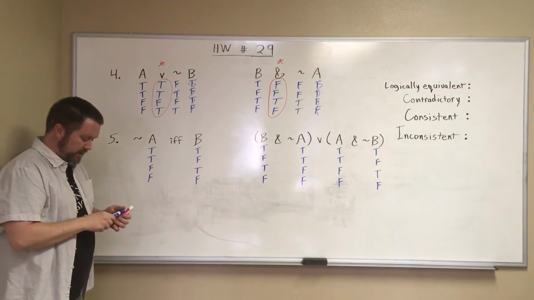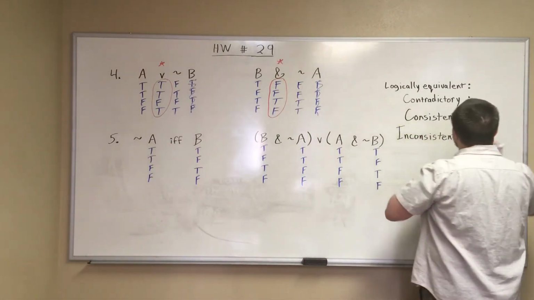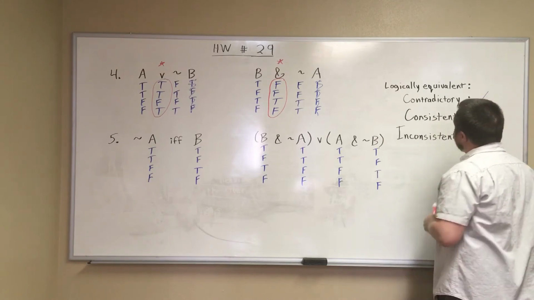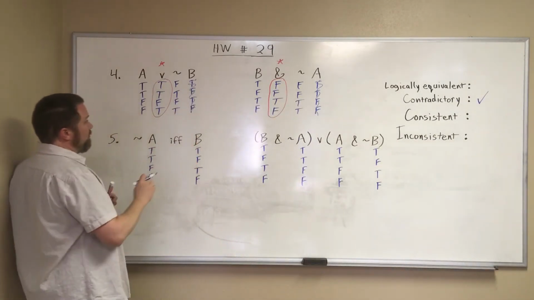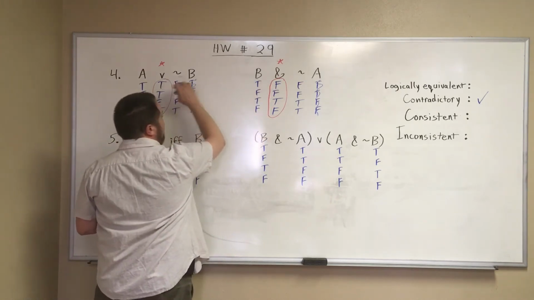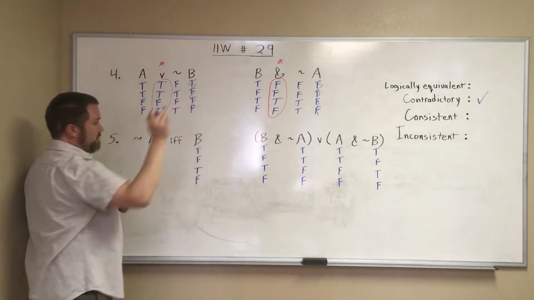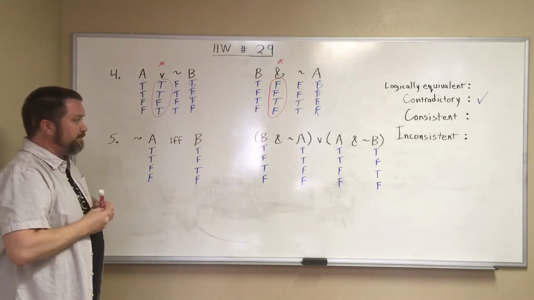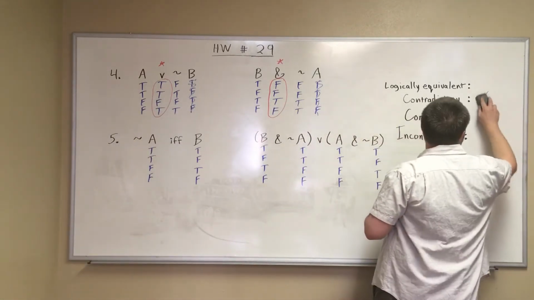So we do actually have 2 contradictory statements. What that means is that on each row, we have opposite truth values. They don't match up anywhere. All right, so number 4 is contradictory.